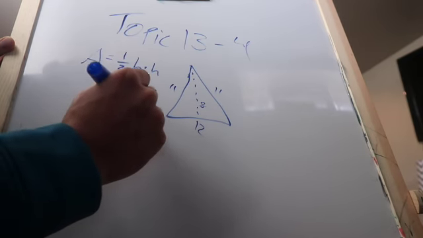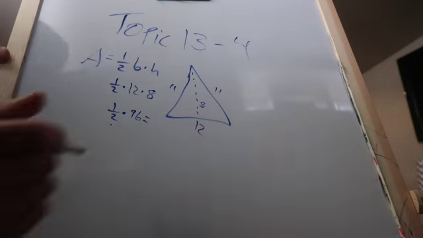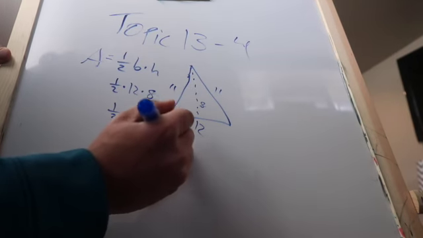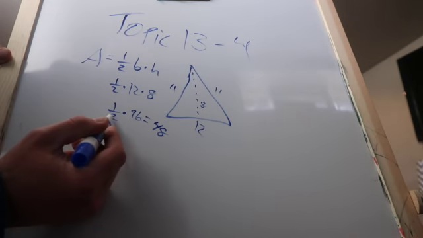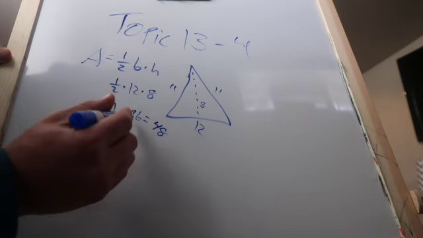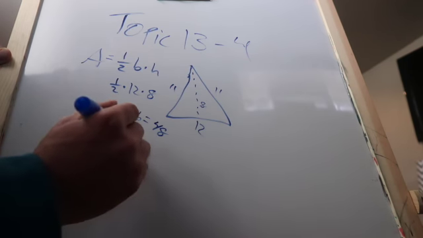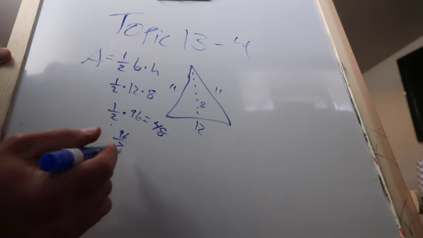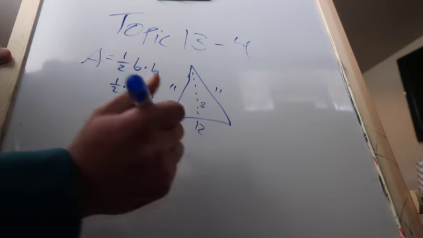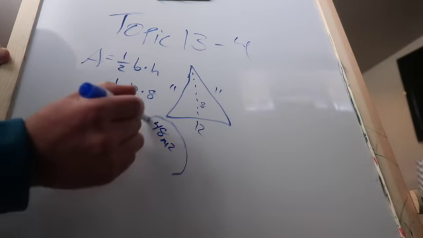So 1/2 times 96 is going to be 48. Okay, and when you multiply a number by 1/2, you're doing the same thing as dividing it by 2, because 1/2 times 96 is 96 over 2, and you'll see that 2 goes into 96 48 times, and that's meters squared.